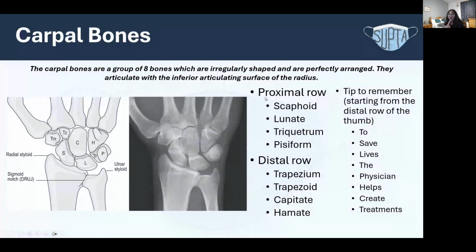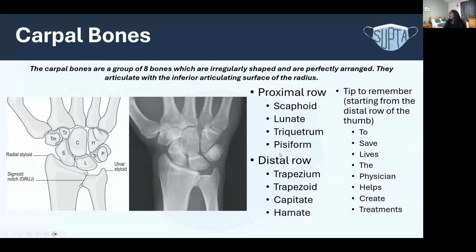Notice how I said radius and not ulna, and we will get to that later on when we're discussing the wrist joint. In the carpal bones, we have a proximal row and a distal row. Proximal is closer to the radius, distal is further away from the radius. Okay, the proximal row is the scaphoid, lunate, triquetrum, pisiform, and your distal row is the trapezium, trapezoid, capitate, and hamate.